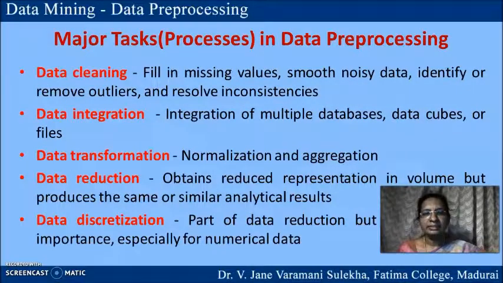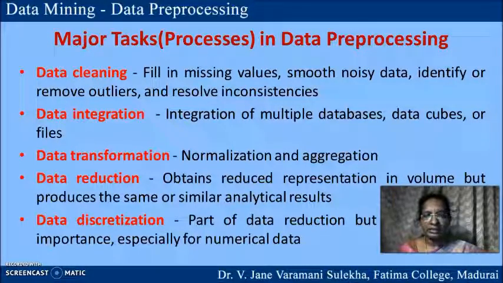Major tasks in data pre-processing: data cleaning, data integration, data transformation, data reduction, and data discretization. Data cleaning can be done by filling missing values, smoothing noisy data, and removing outliers. Data integration means integration of multiple databases, data cubes or files.